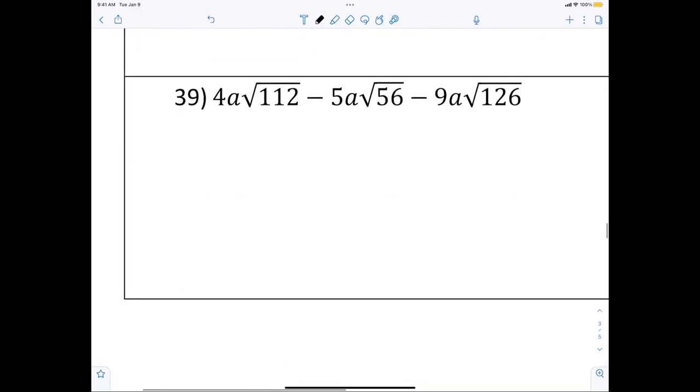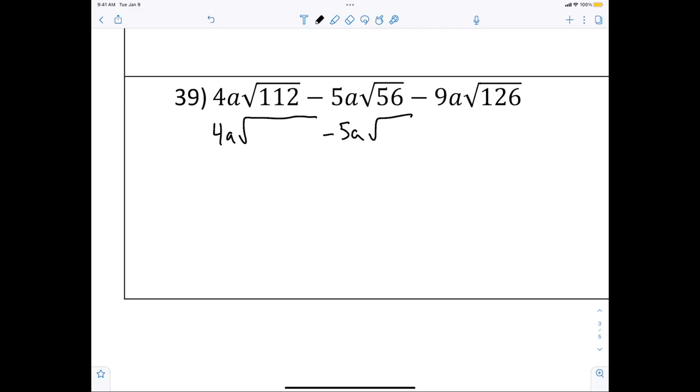All right, Tyler, go. I want you to tell me what 112 breaks down to. It's okay not to know that. It's either 7 or 14 in the radical. Well, 7 goes into 112.